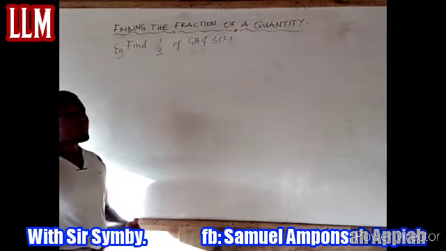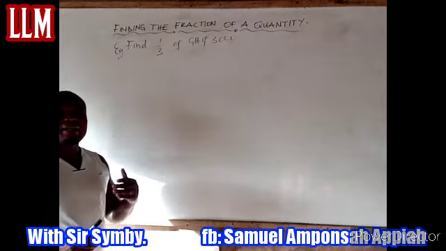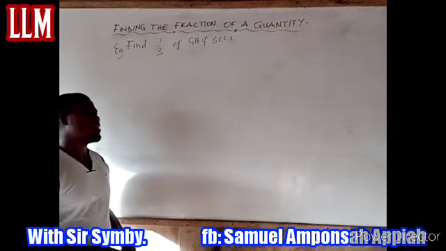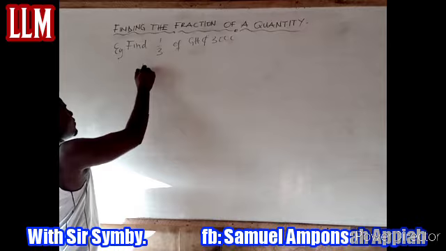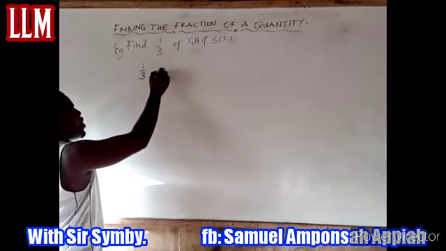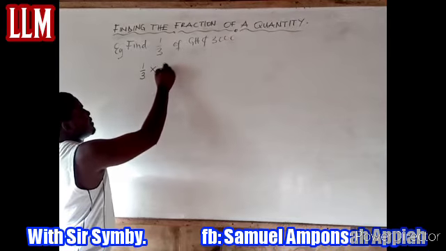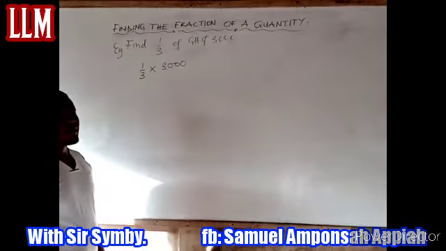The first step is for you to multiply the quantity by the given fraction, and that is going to give you the answer. Let's solve this. 1/3 of, which is times, 3,000, is going to give us our answer.